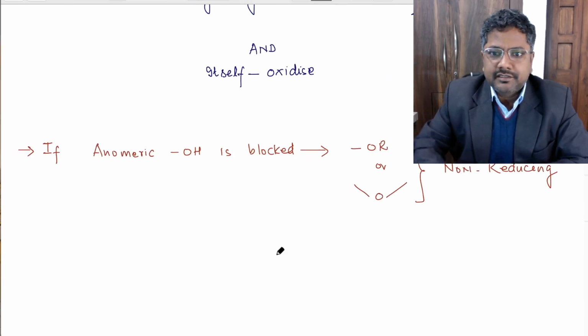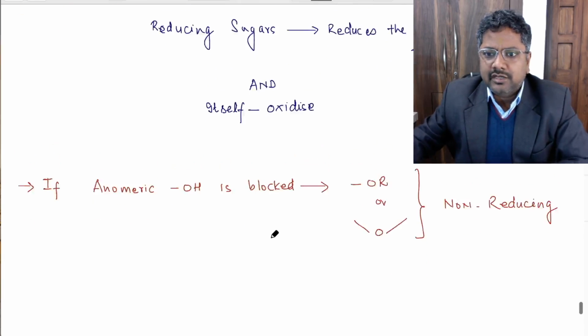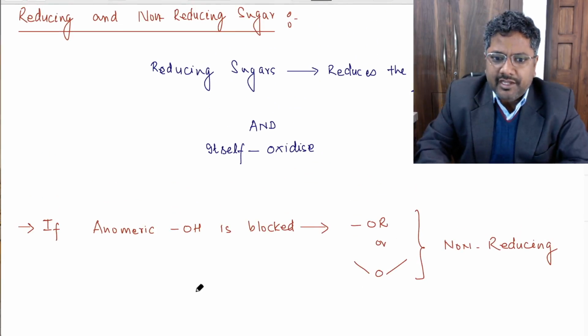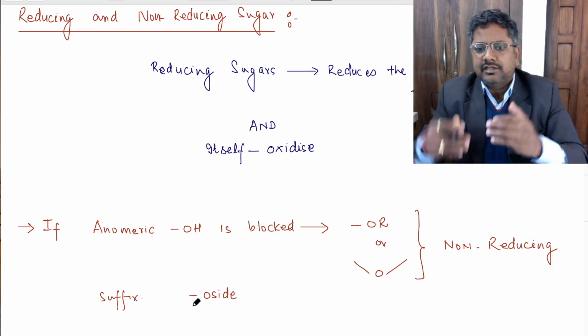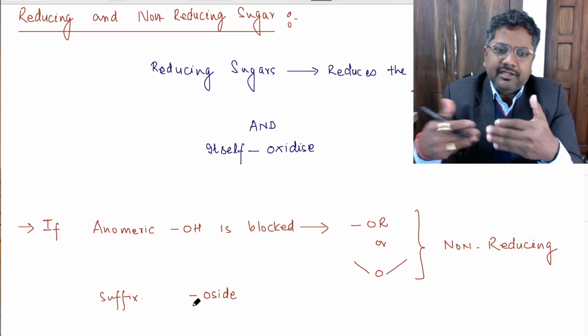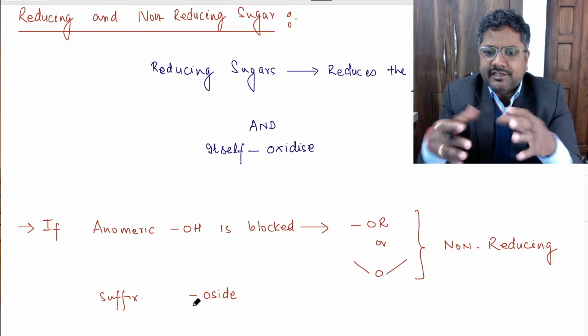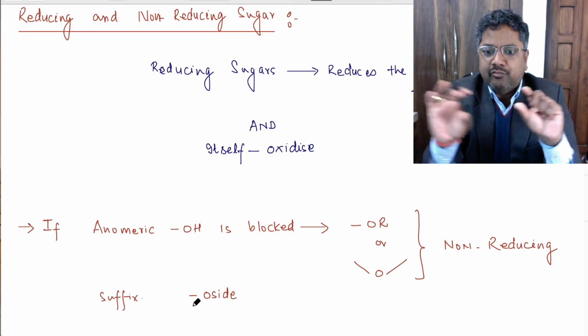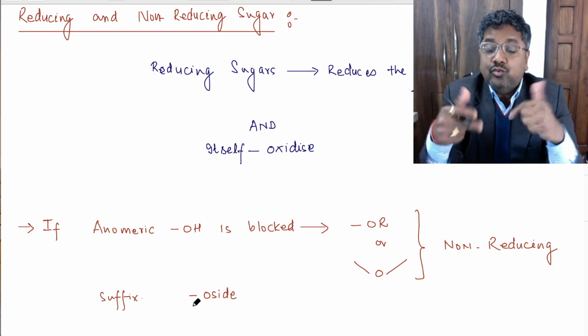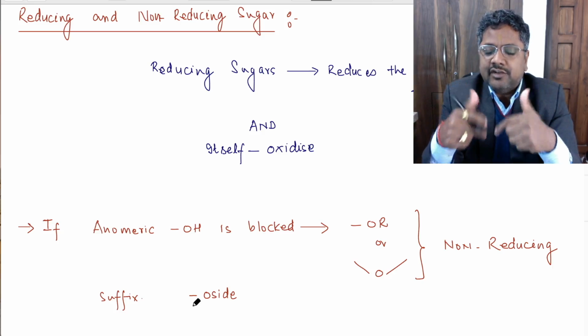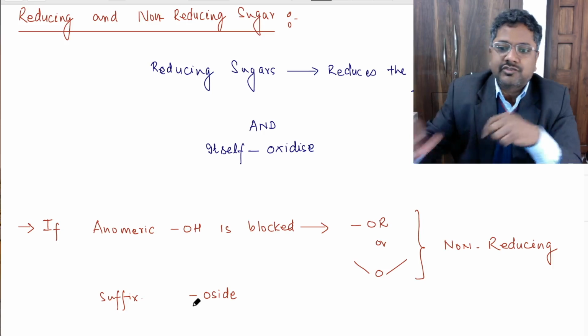And such sugars are named with the suffix -oside. This suffix is added. So there are many ways to identify. If it is only written as a name, and in the name -oside is coming, it means its anomeric carbon is blocked, and this is a non-reducing sugar, right?